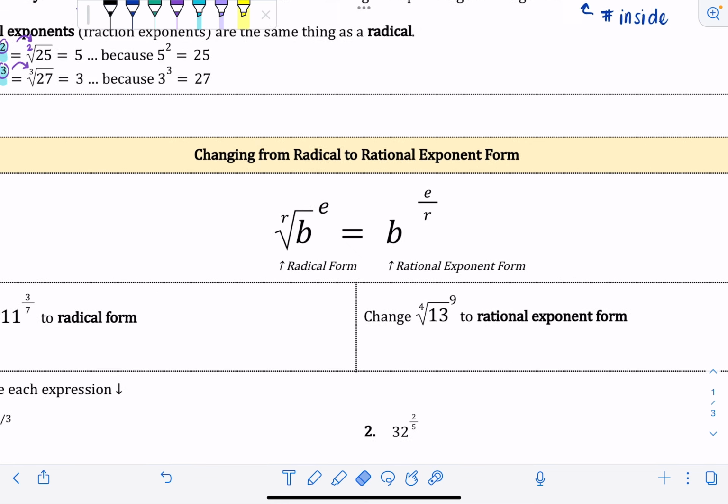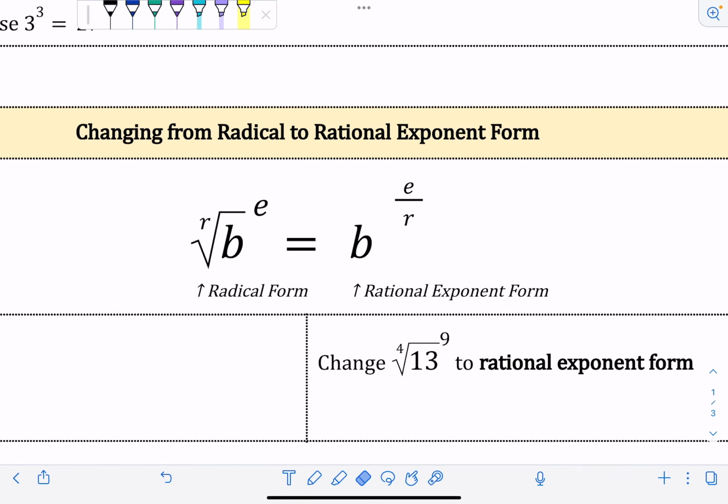So I'm going to zoom way in here. The left side is radical form, it has the radical. The right side is rational exponent form, it has that fraction exponent. So I use R, B, and E to represent base, root, and index. So for B, we call that the base. And then for R, I'm going to use the word root.